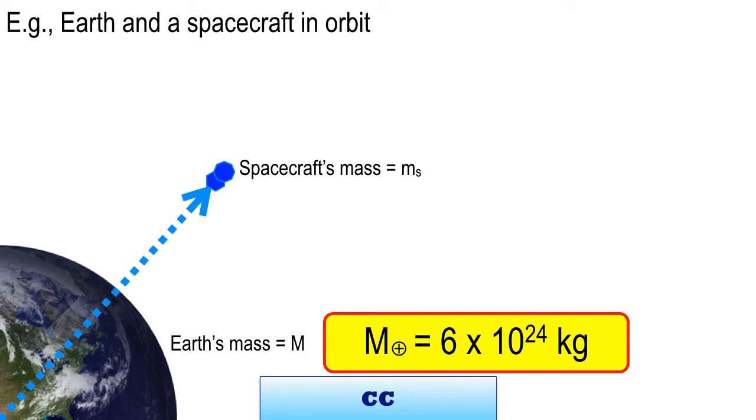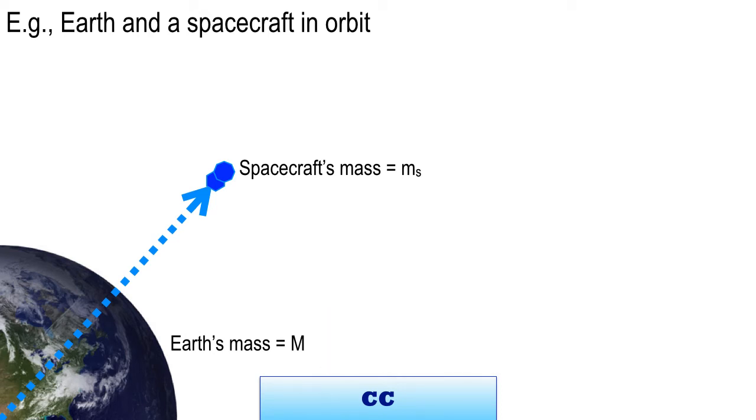So that's a lot of kilograms. And a spacecraft is going to be pretty teeny compared to that, just as you are pretty teeny. In fact, this entire room is pretty teeny. The entire city of Orlando is teeny compared to 6 times 10 to the 24 kilograms. Now, don't worry about memorizing that, but if you want to know, you can look it up on the NASA website.